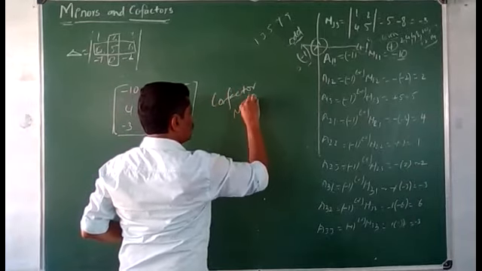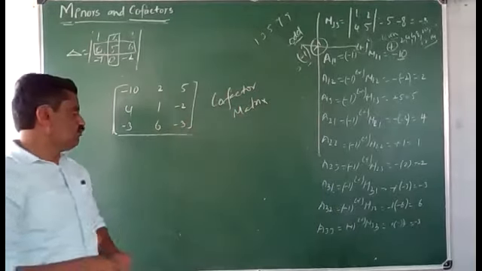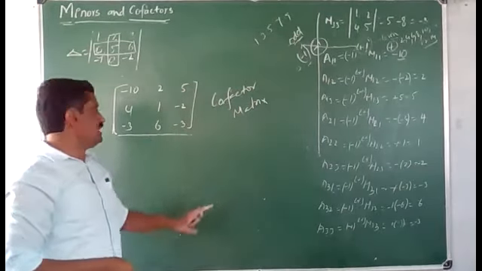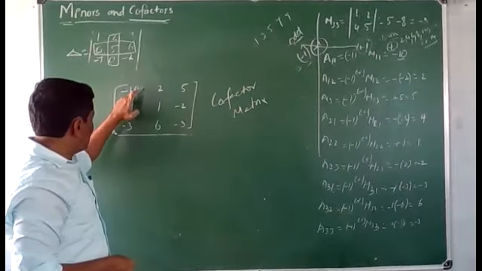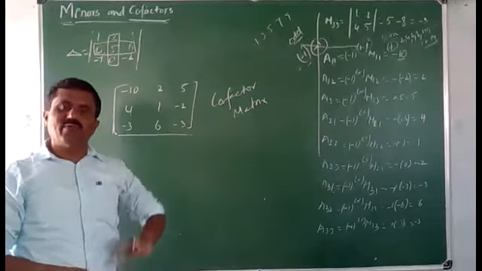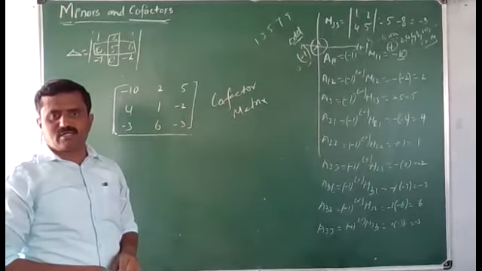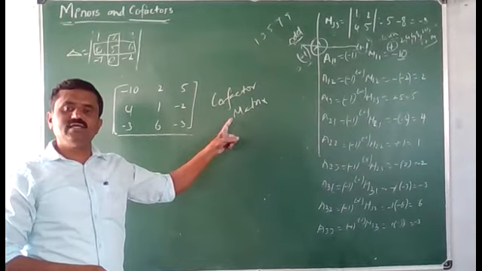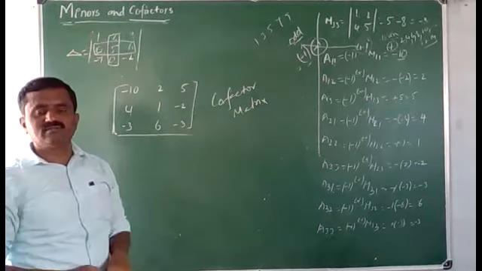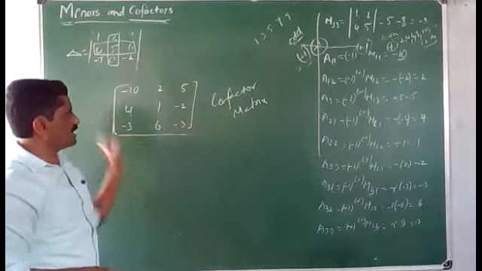Then what is the cofactor matrix? The cofactor matrix is obtained by replacing every element with its cofactor.